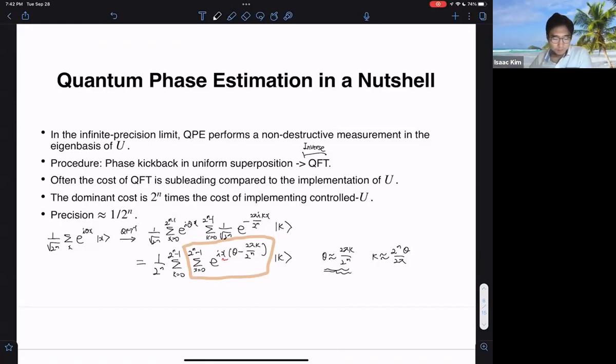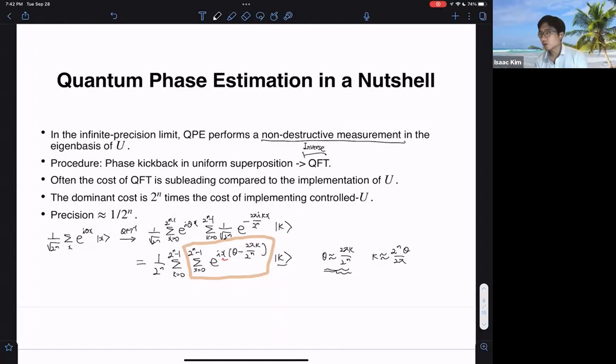In the infinite precision limit, when n goes to infinity, k has an exact one-to-one correspondence with theta, the eigenvalues of U. So in that limit, quantum phase estimation performs a non-destructive measurement in the eigenbasis of U.